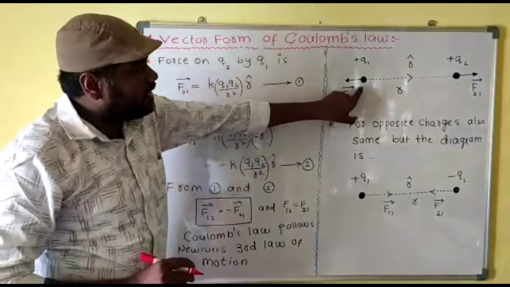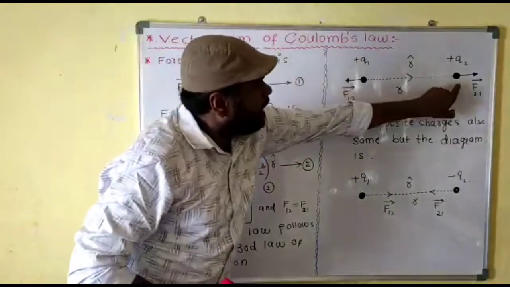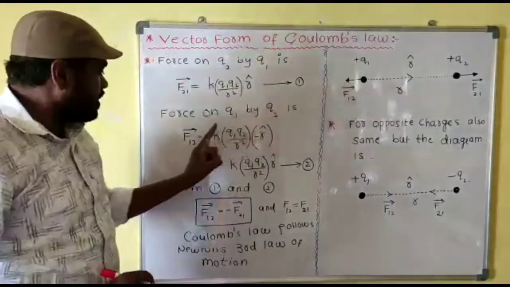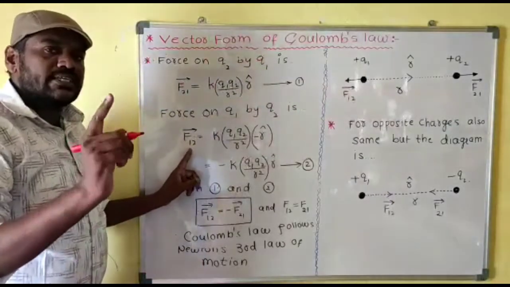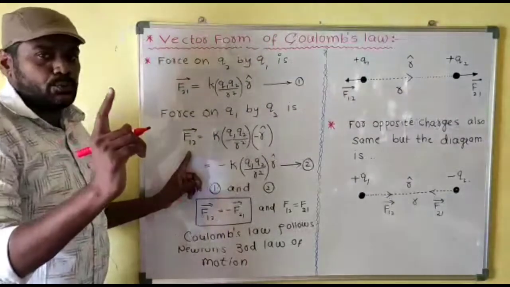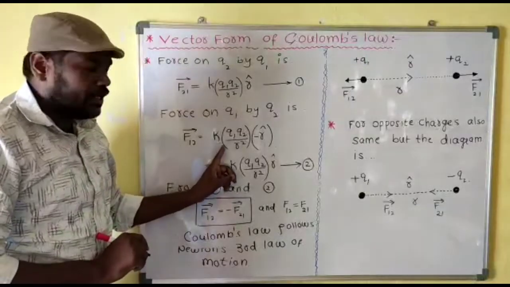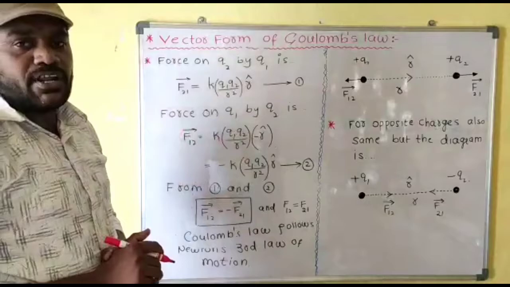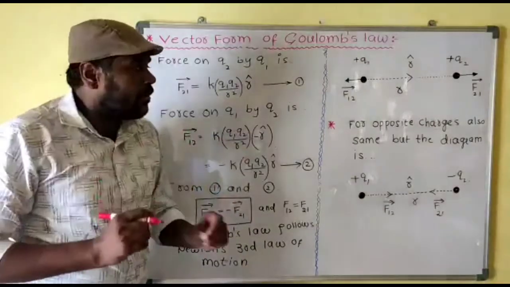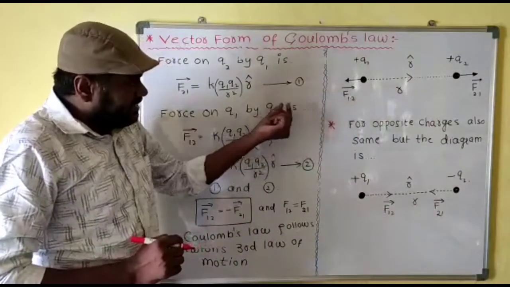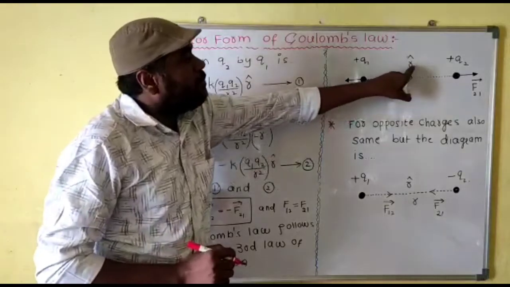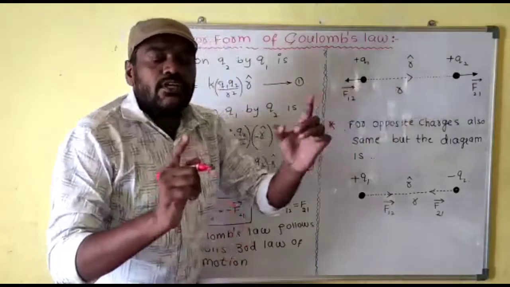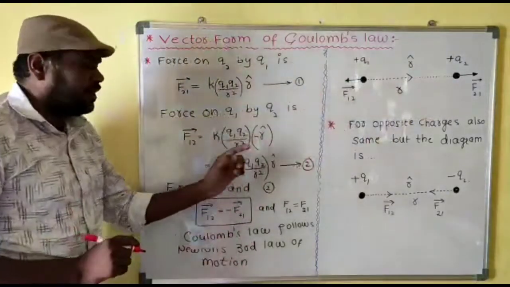Now, the force on the first charge applied by the second charge is F12, where 12 means on 1 by 2. F12 bar is equal to K Q1 Q2 by r square into minus r cap. Why have I taken minus r cap? You see F12 is acting in this direction, but r cap is acting in this direction. Both are in opposite directions, that's why I put negative.